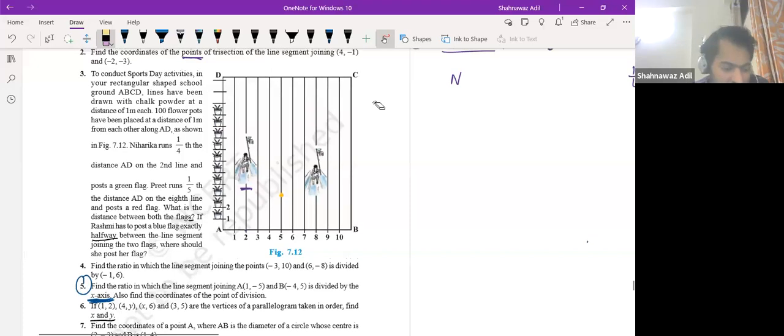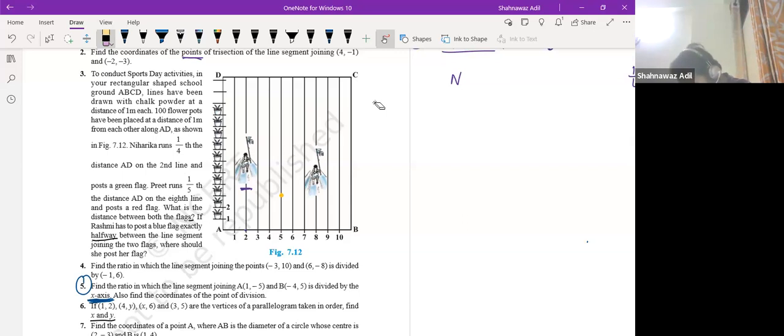In coordinate geometry, what is the important thing that we require? We require the coordinates, right? When we have the coordinate points, then we can solve any other thing. So firstly, we require the coordinates of those individual points.